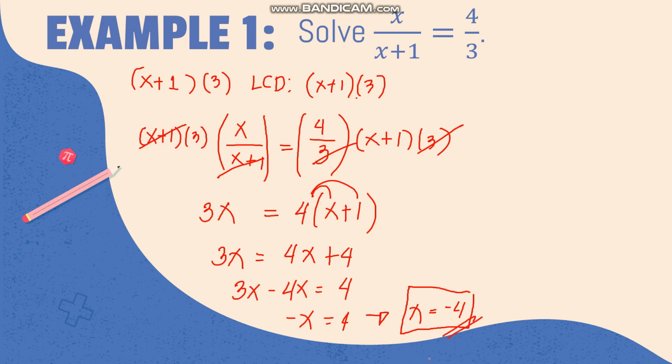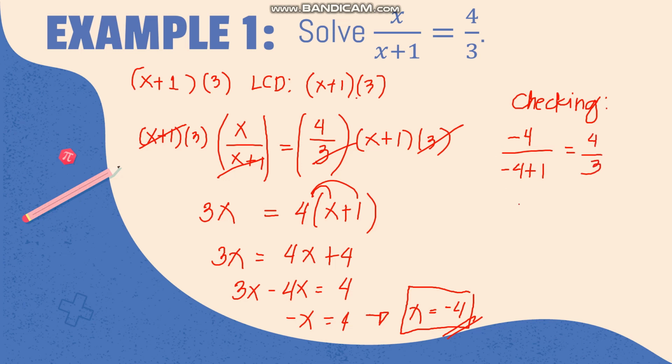Now to check, all you have to do is substitute. So, checking. We always have to check because there might be extraneous solutions. So even though there's only one, let's just do it. Substitute, and both sides must be equal. Negative 4 over negative 4 plus 1 equals 4 over 3.